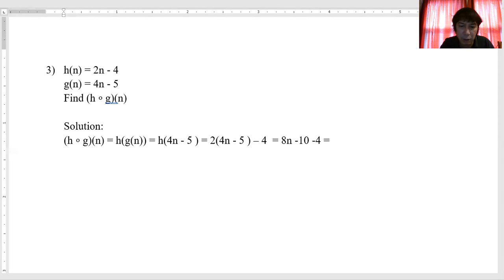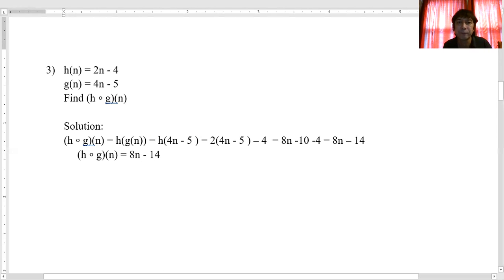This is actually 8n minus 14 there. And then this shall be the answer, okay? So that should give us the answer. Now, you may write there 8n minus 14.